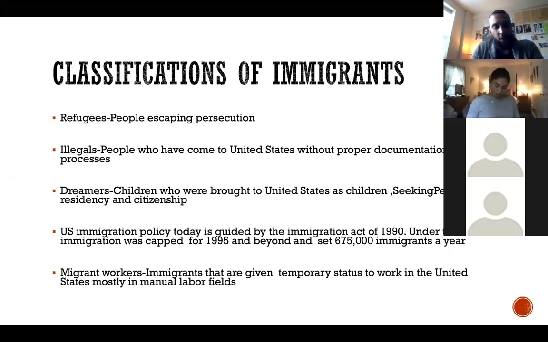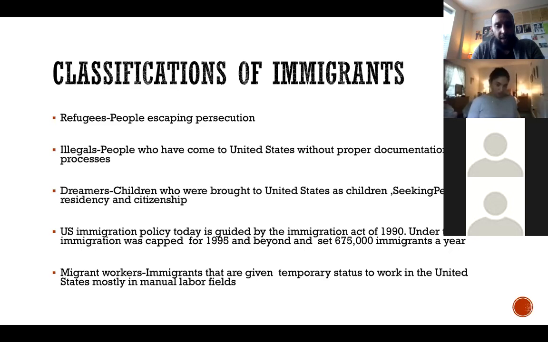We have a group of people called dreamers. We'll look at this a little bit later in class. If we don't get into it today, we will definitely get to it on Thursday. So the dreamers were children who were brought to the United States as children, which means they didn't have any fault. It's not like at 20 years old they decided, I'm going to go from one country to another. These were people who were brought here by their parents when they were very young, and they didn't realize that they were breaking any laws.